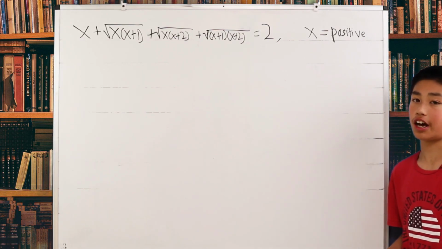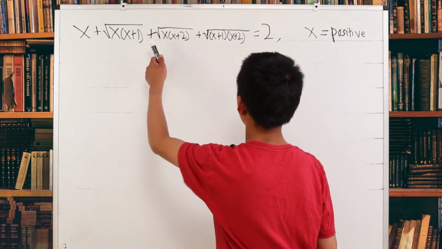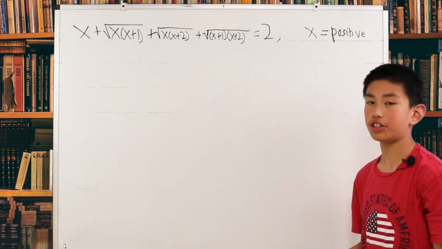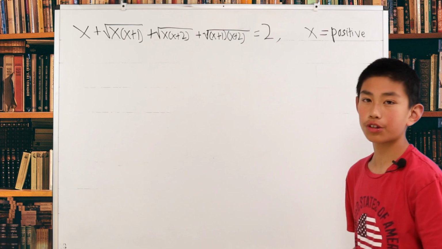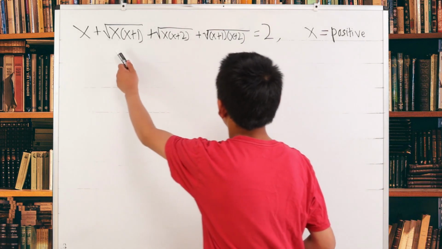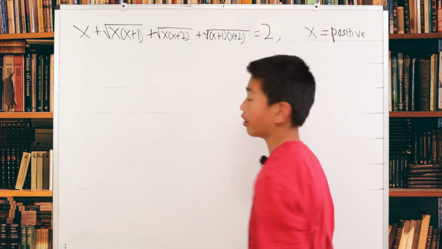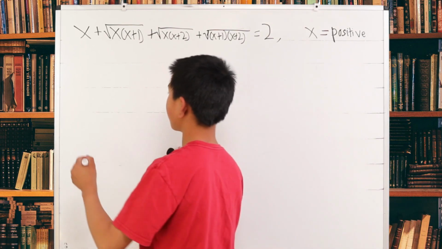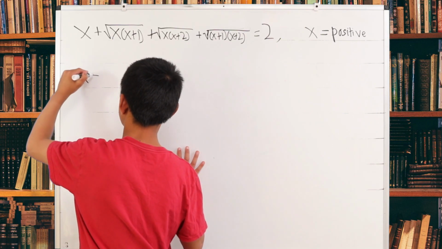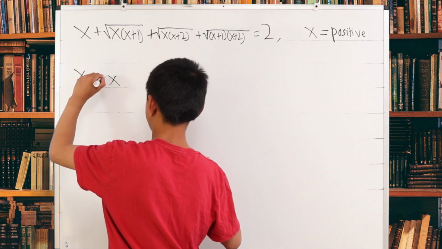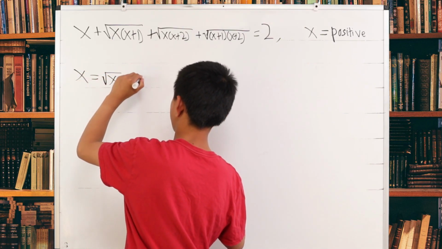The first thing to realize here is that these are all plus, and we have to make them into times, or a multiplication sign. We also see that all of these terms except for x are in a square root. So we can make it a square root by doing this. So x is equal to the square root of x times the square root of x.